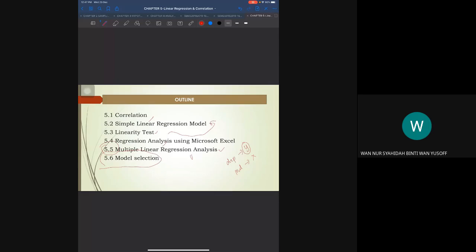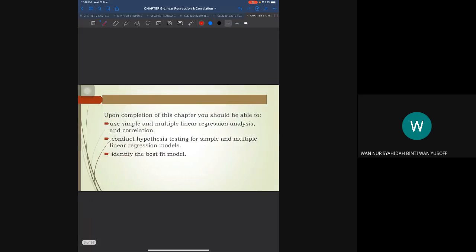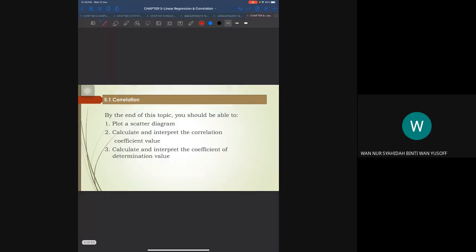Based on the models that we have, we choose the best model, based on some characteristics that we use to identify which one is the best model. That's what we do for model selection. When we have that best model, we will use it for prediction. That's the introduction about chapter 5.